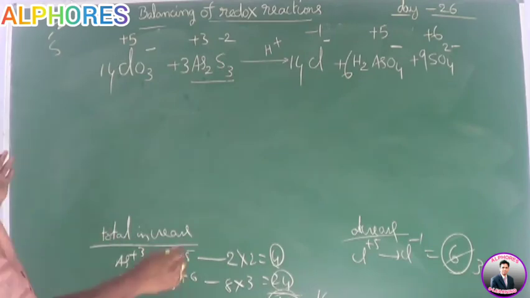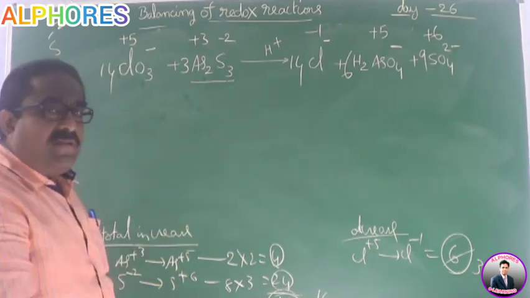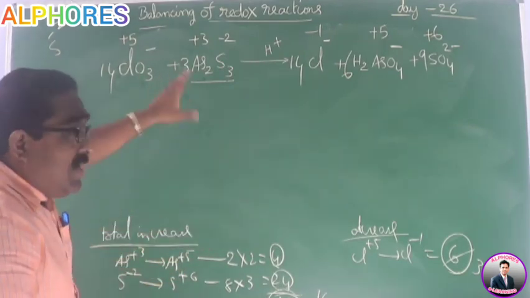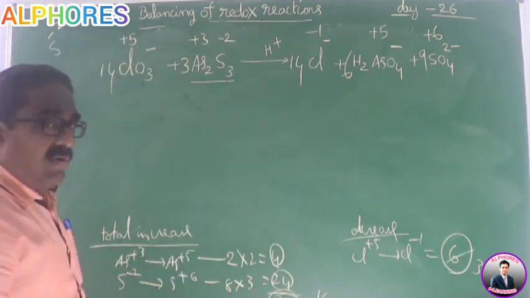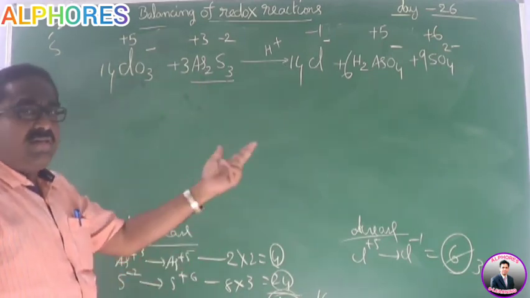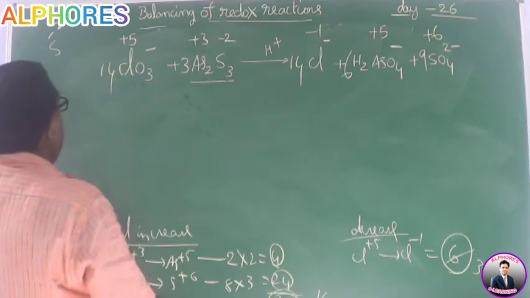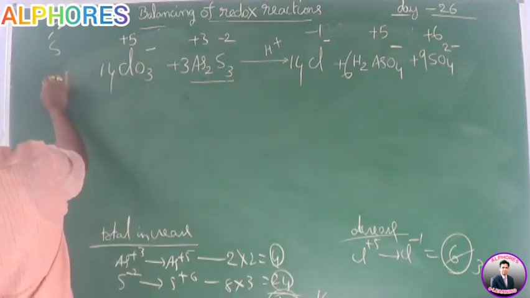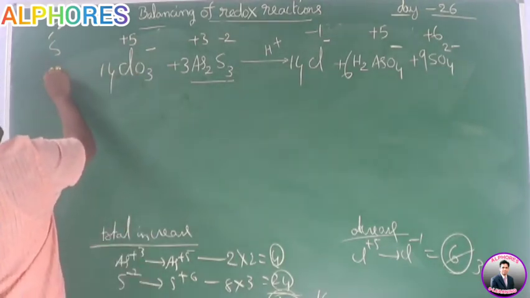Yes. Balancing of elements except oxygen and hydrogen, equalization of electrons, everything is over. Now I have to balance only oxygen and hydrogen. Let me balance. 14 3s are 42.